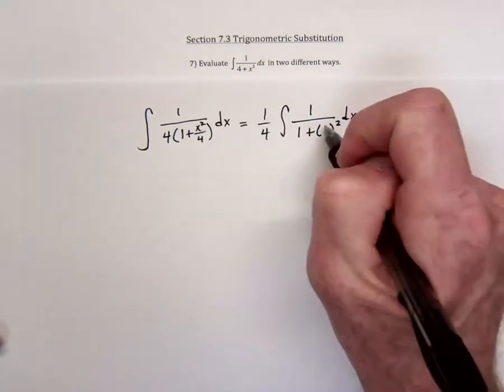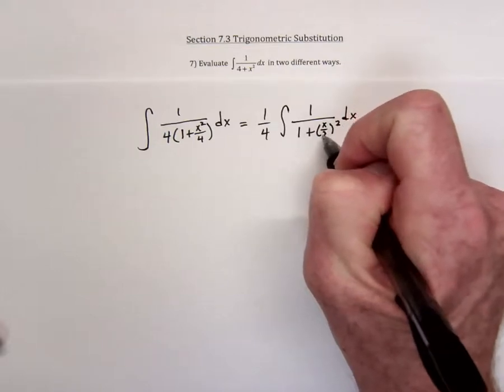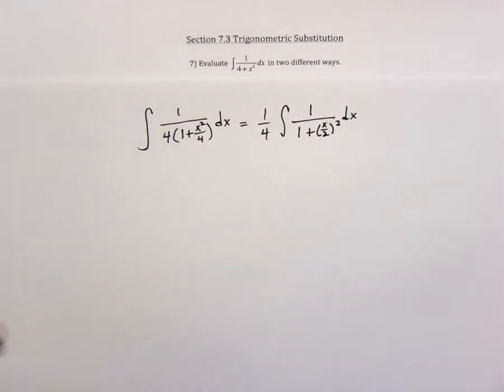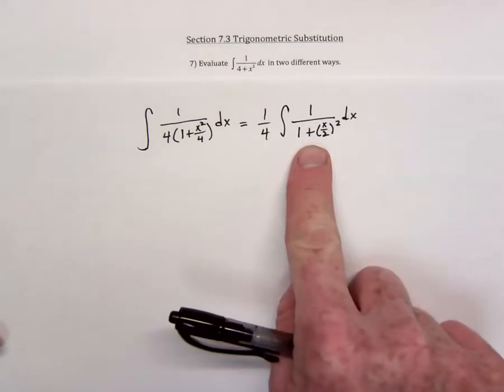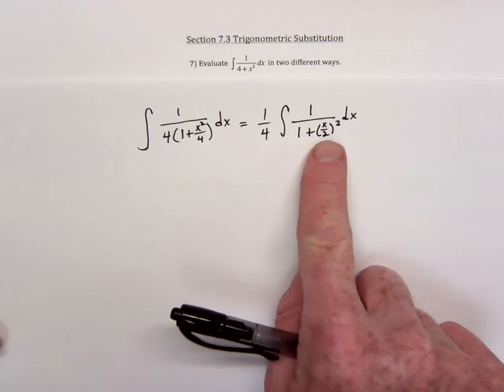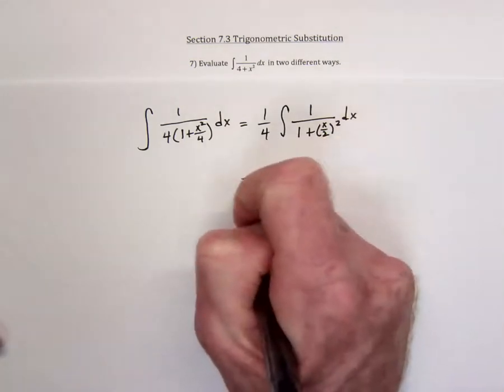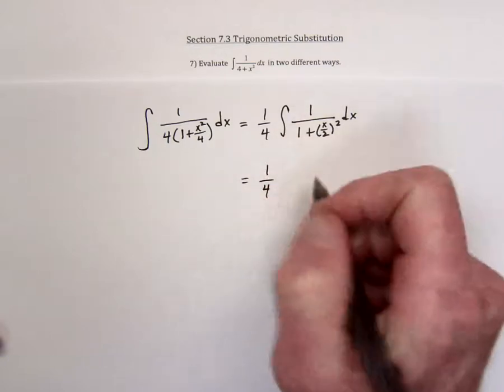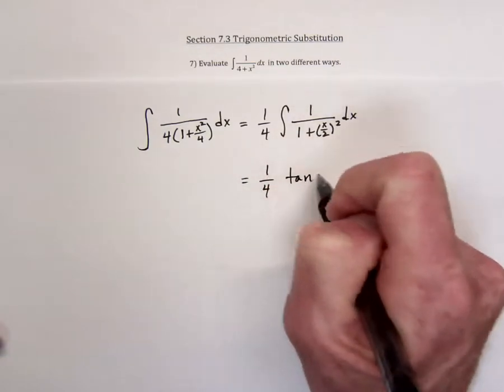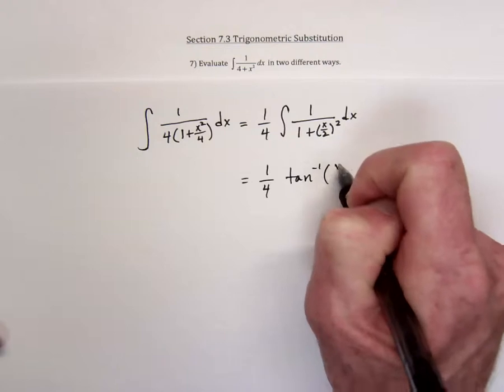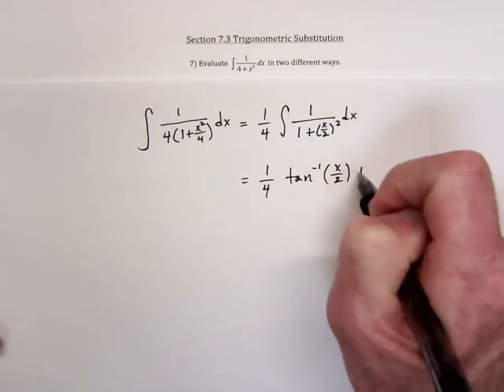Well, that something would be x over 2. So the integral is going to be tangent inverse, but not just tangent inverse of x. It's going to be tangent inverse of x over 2. So we have the 1/4 factored out, then tangent inverse of the x over 2.